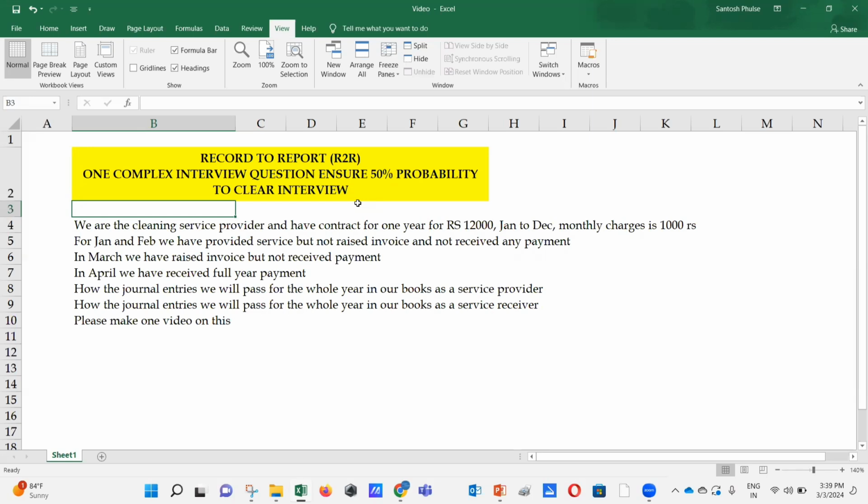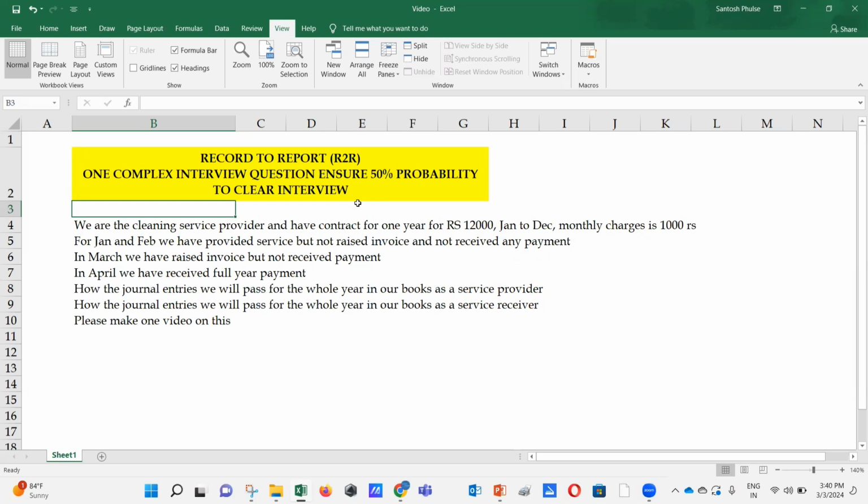In March, we have raised an invoice but not received the payment. Just try to understand the case study: we are a cleaning service provider and have a contract for 1 year, that's 12,000. The contract is from January to December and the monthly charge is 1,000 rupees. In Jan and Feb, we provided service but did not raise an invoice or receive any payment.